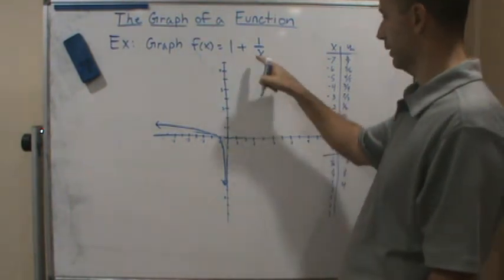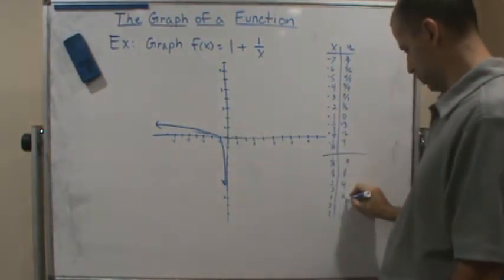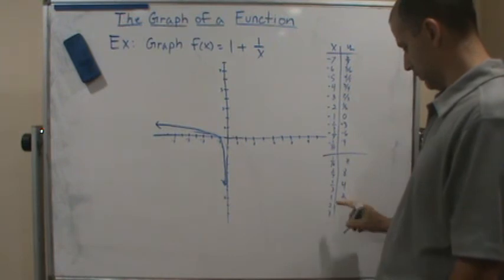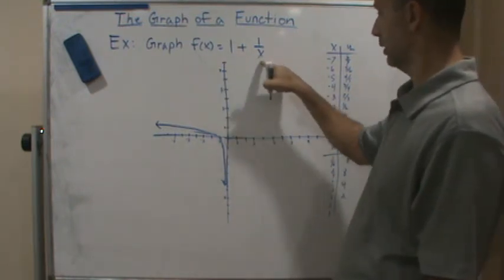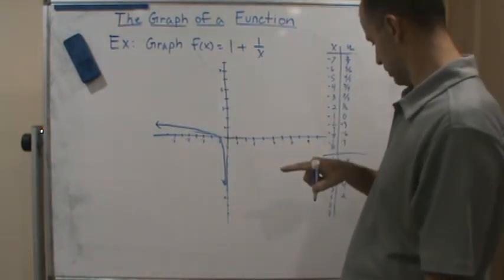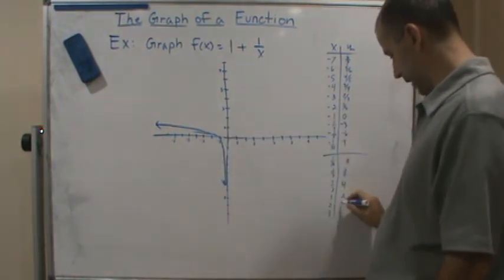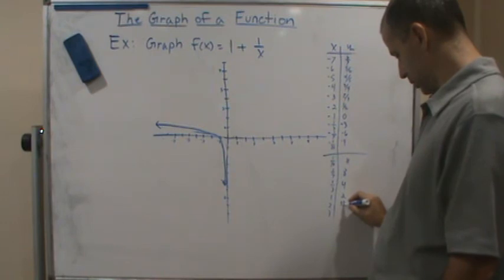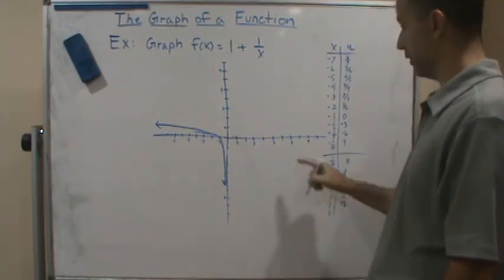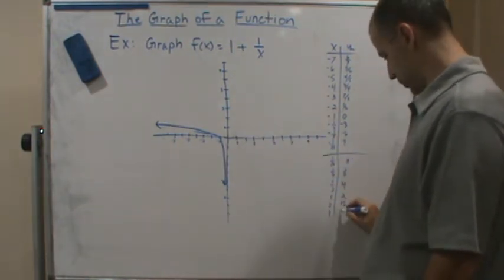And with 1, I get 2. With 2, I get 1.5. If I put in 3, I get 1 and 1/3. So look what's happening.